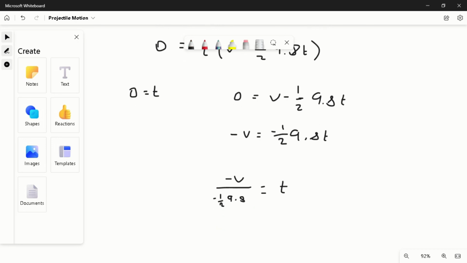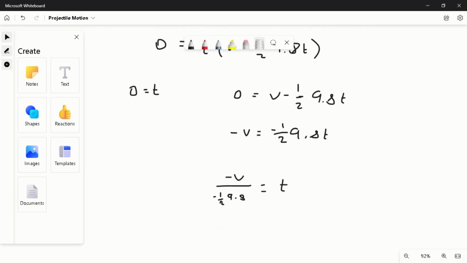We don't need the negative signs, because two negatives in a division just make a positive. Now we have this equation: t equals our velocity divided by a half times 9.8. And that will give us our solution.